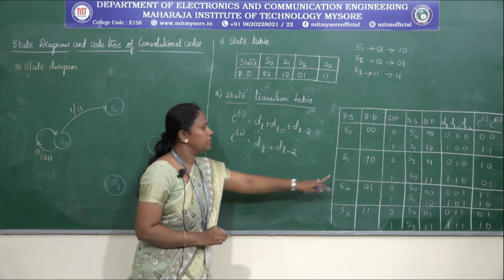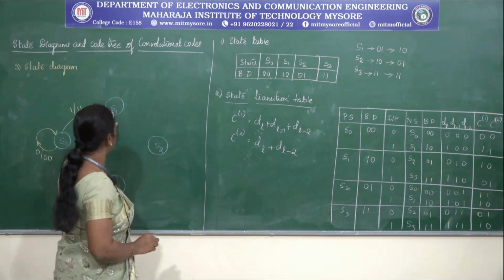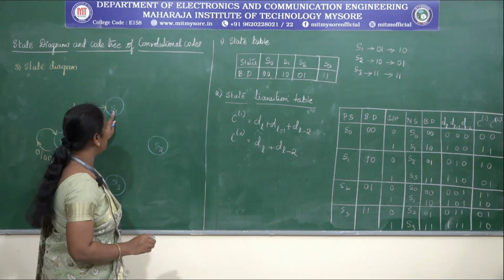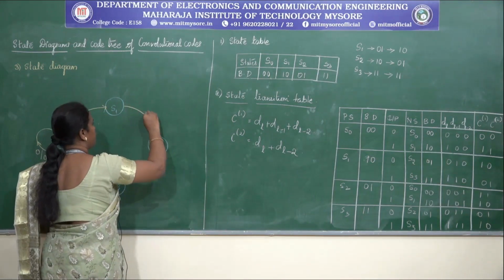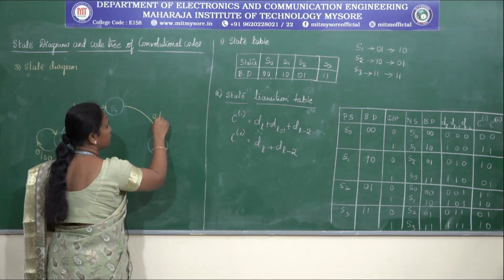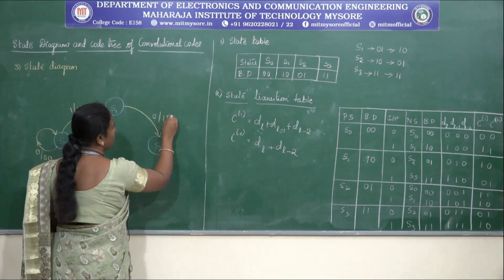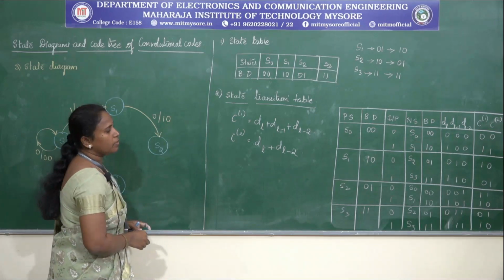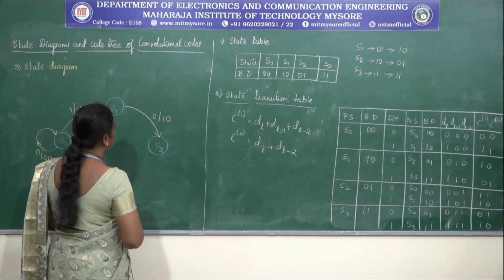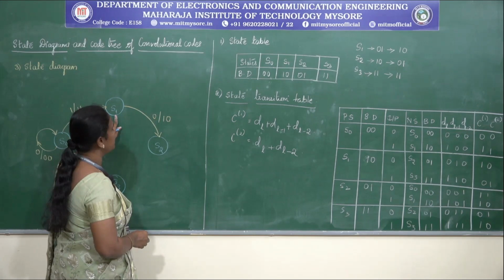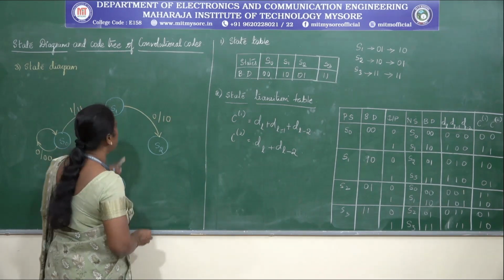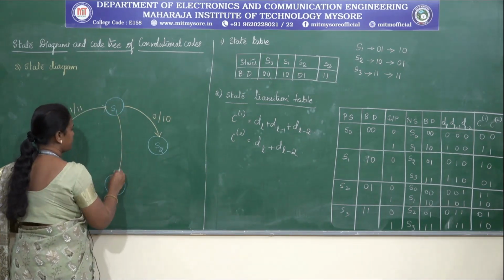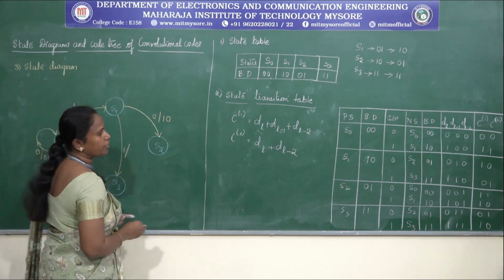Next, for the S1 state, when the input is 0, it makes a transition to S2, and its corresponding output is 1 0. When the input is 1, it makes a transition to S3.